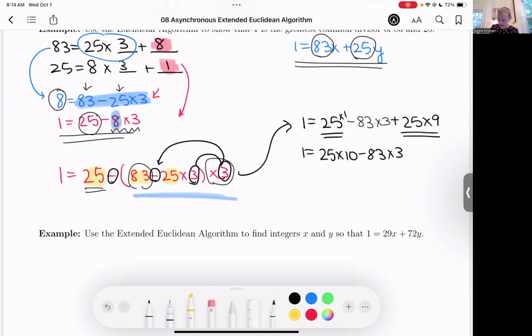So we have been able to write 1 as a combination of 25 times some integer plus or minus 83 times some integer. You can double check your work: type this equation into your calculator and make sure it's indeed equal to 1. It should be. This equation on its own might not seem super useful, but think about what we did at the beginning of class this week.